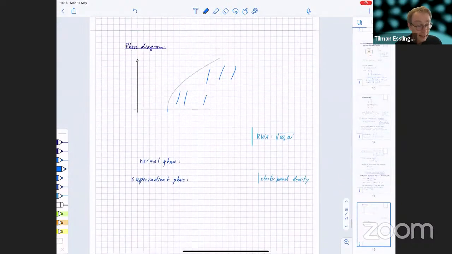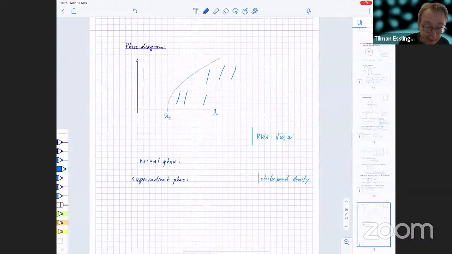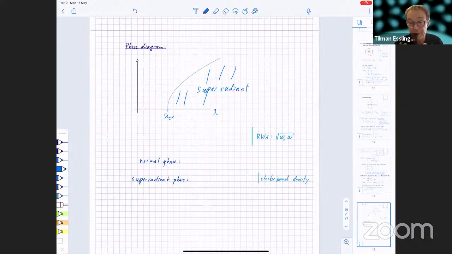Okay, you get a phase diagram that is shown here, so let's put the axes. What is along the x-axis? That is the coupling lambda, the parameter I showed you earlier. And obviously here is some critical parameter where the system goes into a superradiant regime, where you have this polarization of the atoms and photons in the cavity.